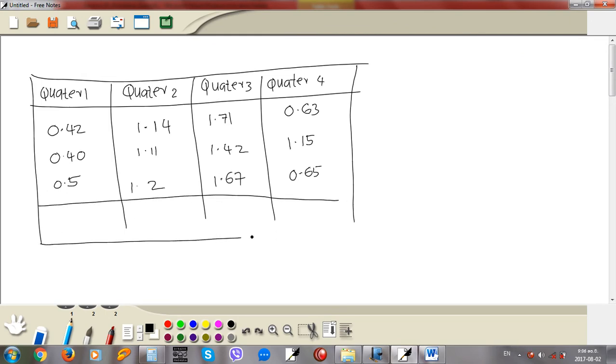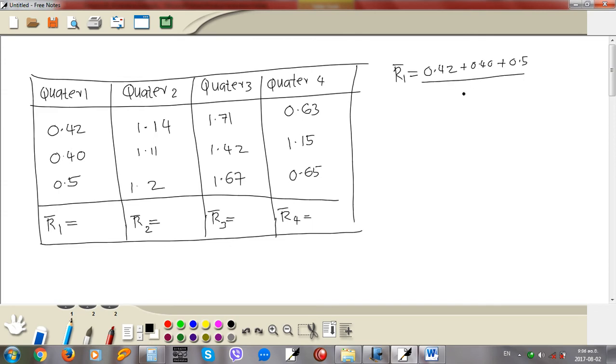Now you can find the R bar values: R bar 1, R bar 2, R bar 3, and R bar 4. How do we find these? R bar 1 is 0.42 plus 0.40 plus 0.5 divided by the number of entries, that is 3.